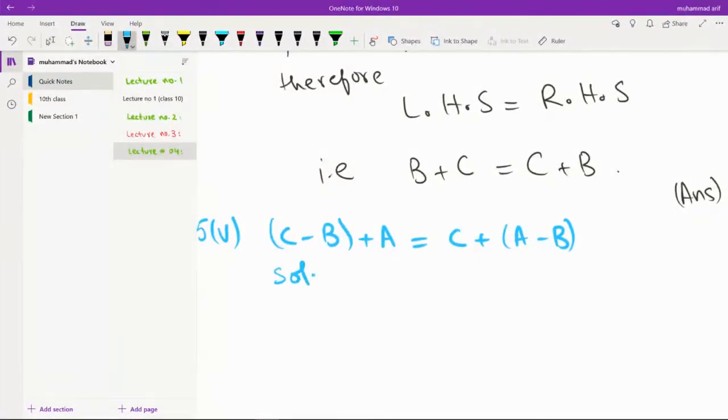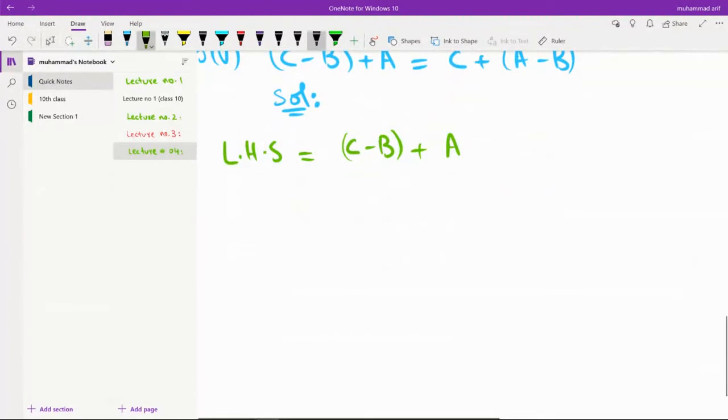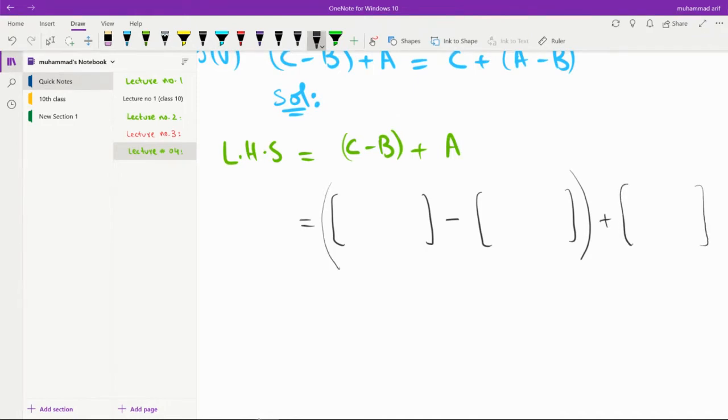Solution. First of all, we write left hand side. Left hand side is C minus B plus A. We replace the values for matrix C, then negative times of B matrix, bracket plus A matrix.